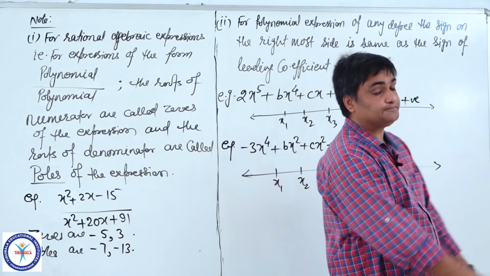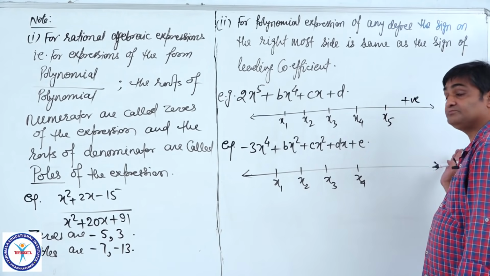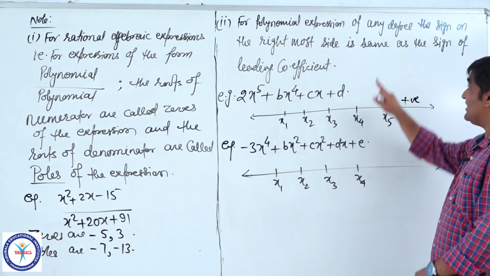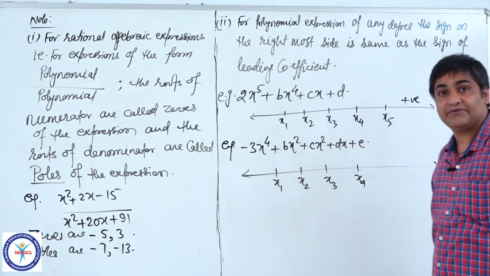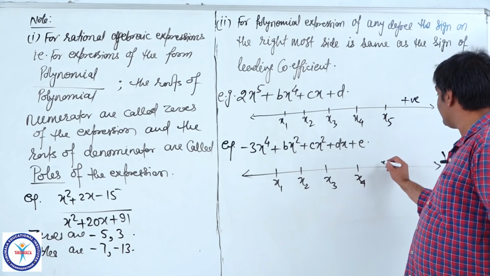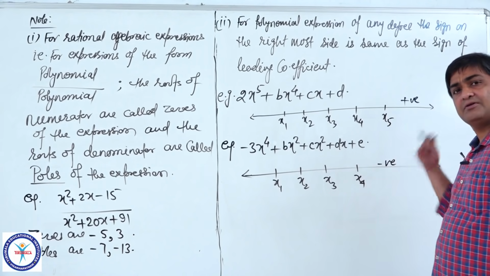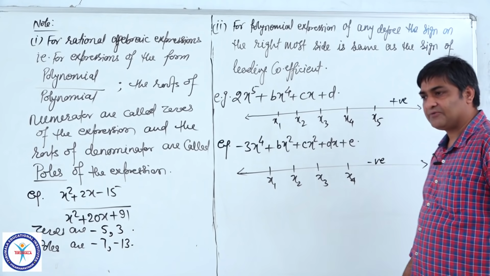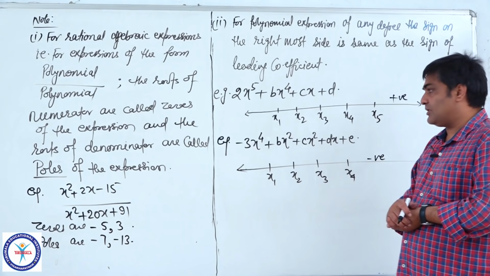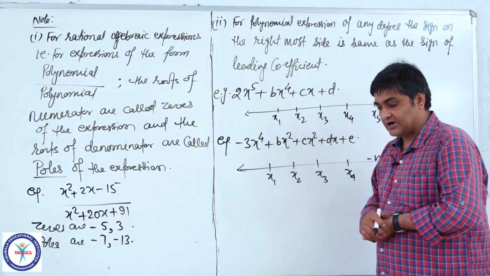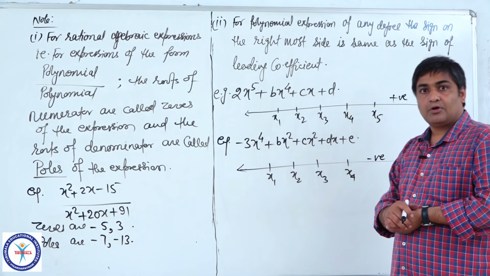Rightmost side means this side. The sign is the same as the sign of the leading coefficient. What is the leading coefficient? Negative. So here we can say that it is negative. If you remember this, then it will be better to start questions. Okay?